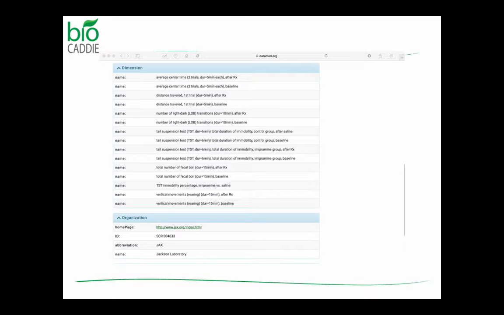But fortunately, when the mouse phenome database was ingested into DataMed, these dimensions were discovered, things like the average center time, the distance traveled. Now, I know no more about these than you do, so don't let your ignorance about them deter you.